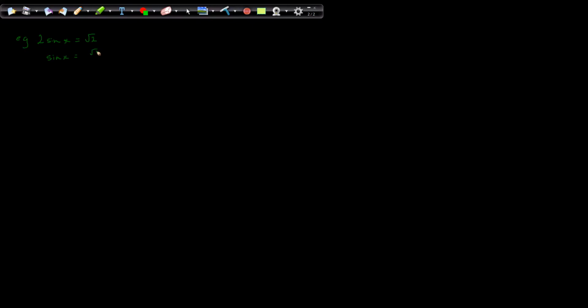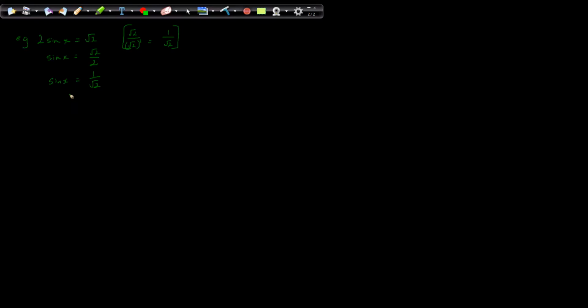So we get root 2 over 2. Now we could take the inverse sine of that, or you might recognise that that is going to be 1 over root 2. Why? Because we get root 2 and the 2 is the same as root 2 squared. Cancel root 2 top and bottom, and we end up with 1 over root 2.